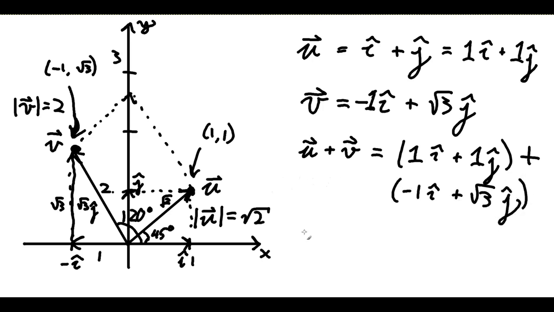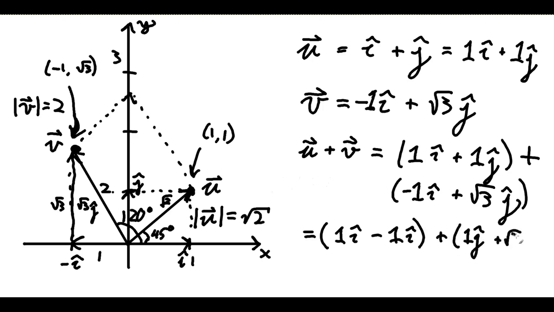Now, I mentioned that we have that list of properties that tells us that vector addition is commutative and associative. That means that we can drop the parentheses here, rearrange terms, and bring them back together so that we have 1i plus negative 1i, so minus 1i, plus 1j plus radical 3j.